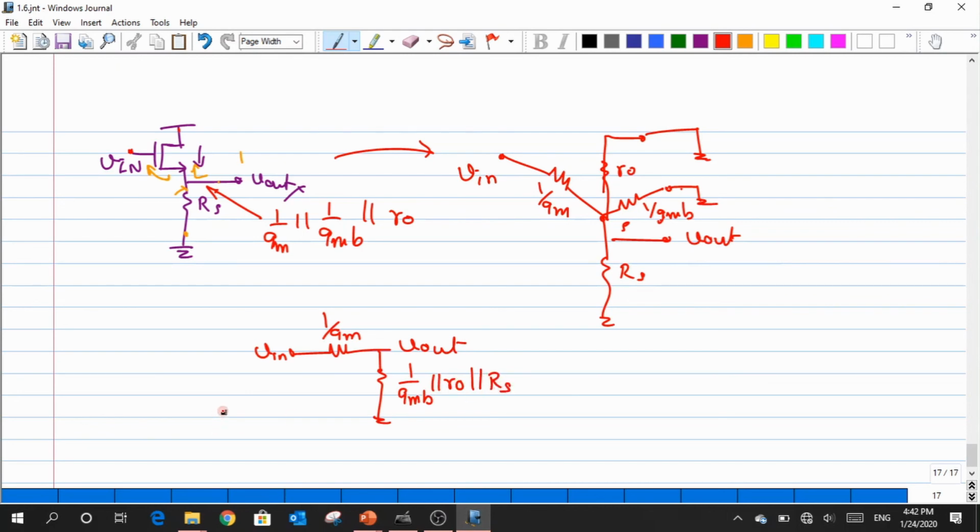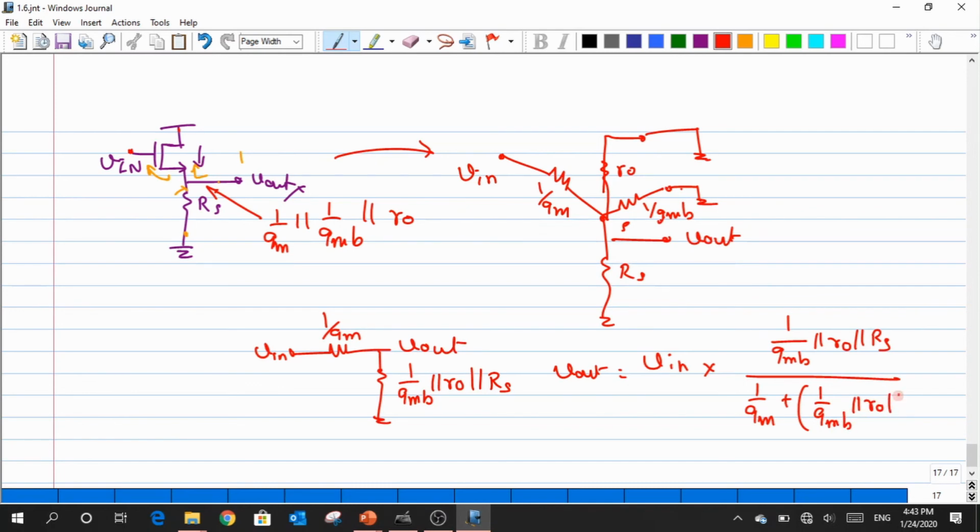Yeah, so now when I try to manipulate this, the V out is nothing but Vin into this term, which is 1 by GM in parallel with RS, divided by 1 by GM. Okay. So just manipulate this, you end up having the same result.